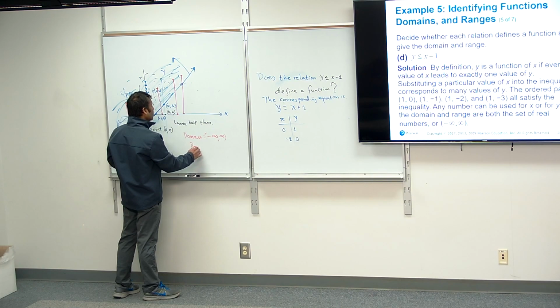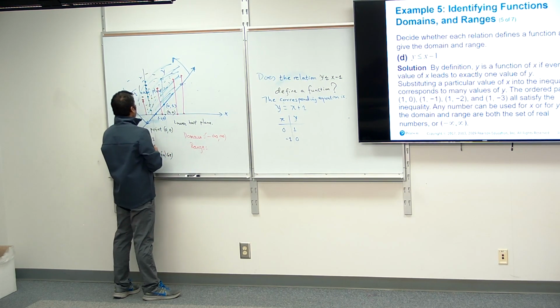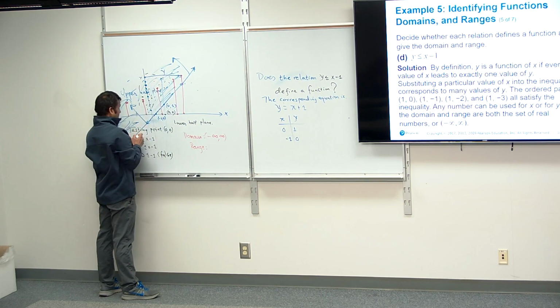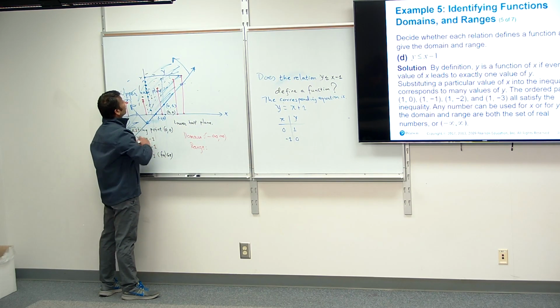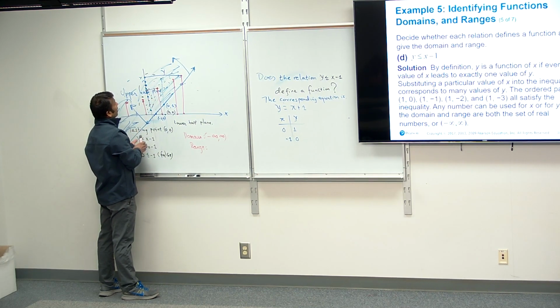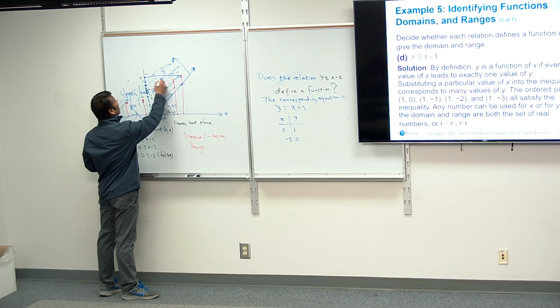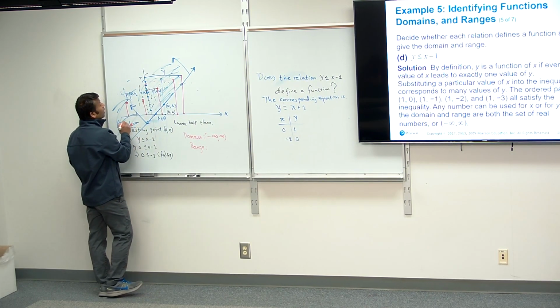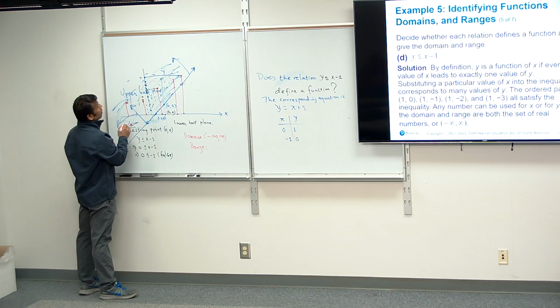And what about range? Range is the set of y values, right? So for this point you have a y value here. See that? For this point you have a y value here. Now this point is also a solution, right? Where is the y value? This is the vertical line, right?